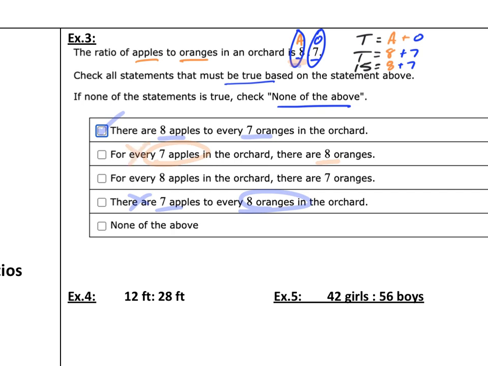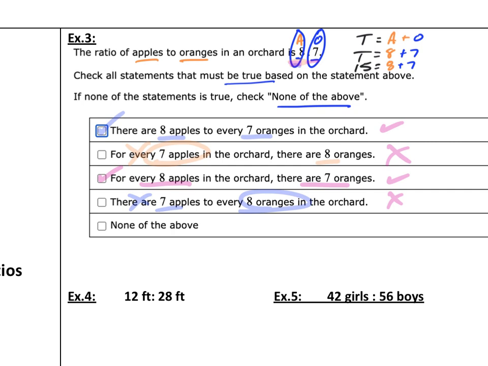And this one says 8 apples, that's right, and 7 oranges, that's right. So this one works. What we said was these two don't work because the numbers don't match, and these two do work because the numbers do match, and we can't say none of the above. That's how you do that one.